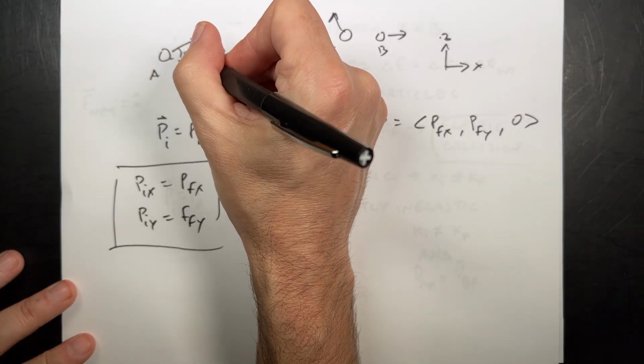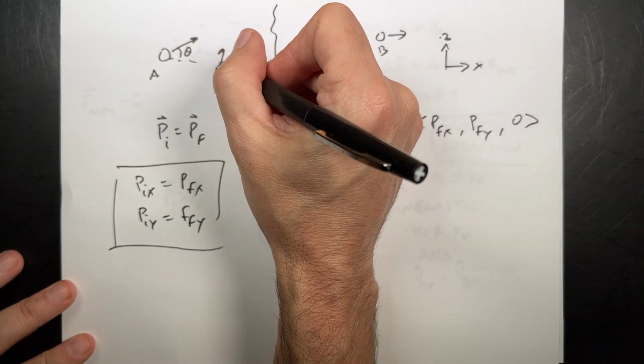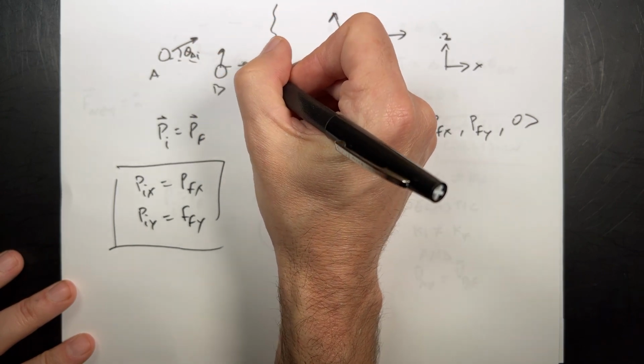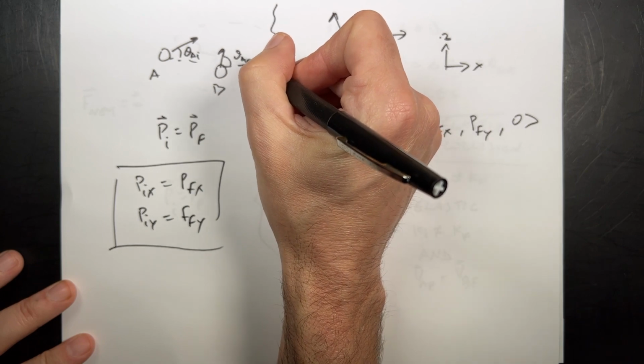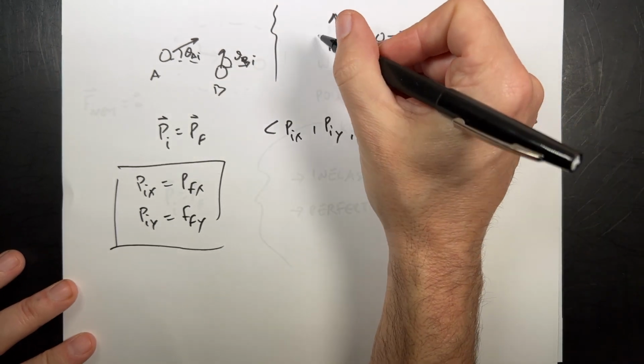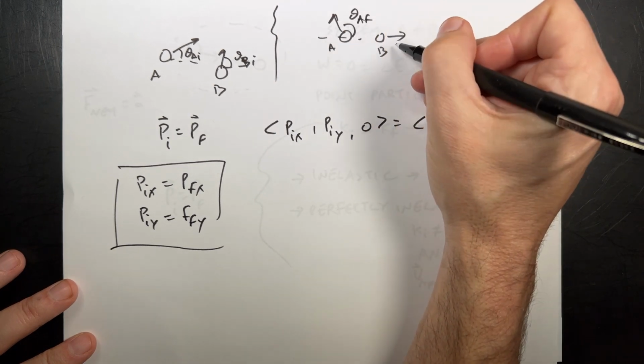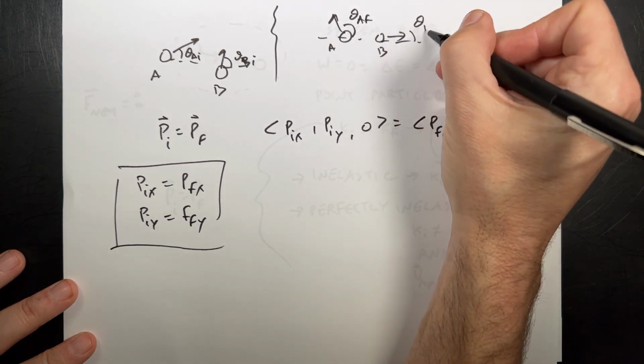And so sometimes you'll have these angles theta. Let's say this is theta A initial, theta B initial, and this is theta A final, and let's say this is theta B final.